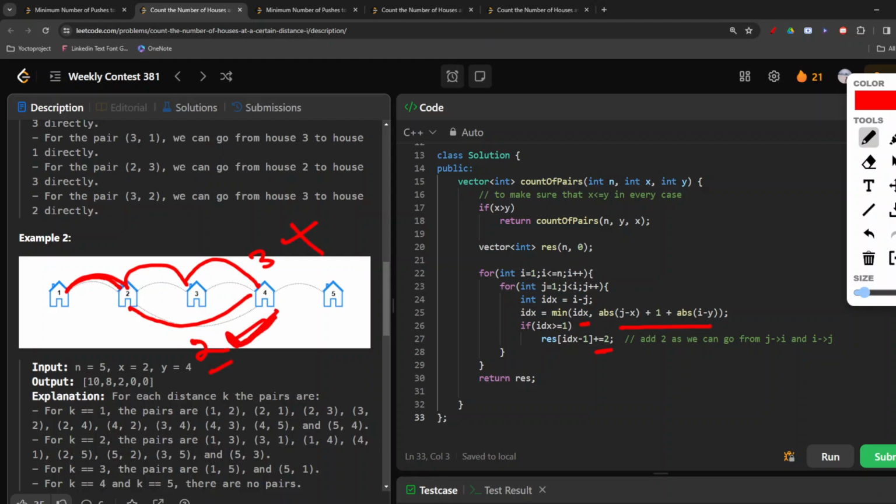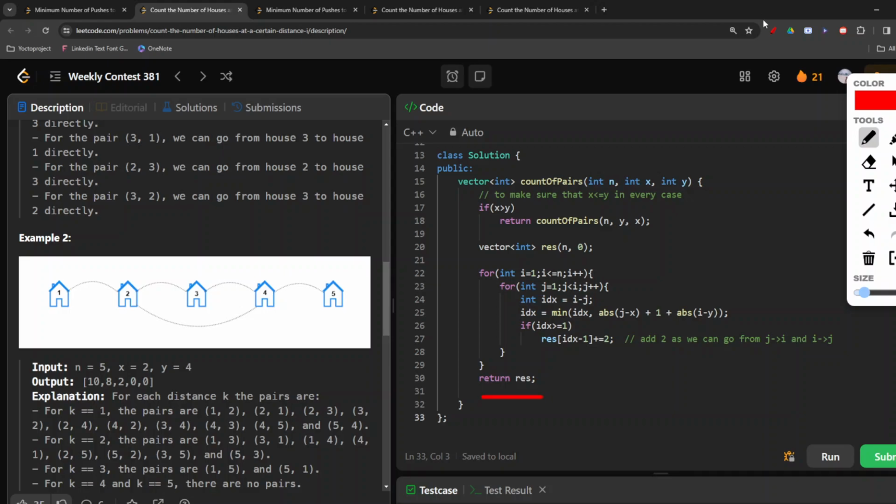So at this particular index in the resultant, by subtracting 1 so that it becomes 0 indexing, the value which we are getting is as per 1 indexing, right? That is what we are storing here and adding 2, because it is a bidirectional distance, right? This is what we are required to do, and at the end we are returning this resultant.